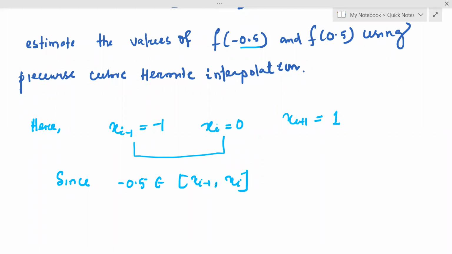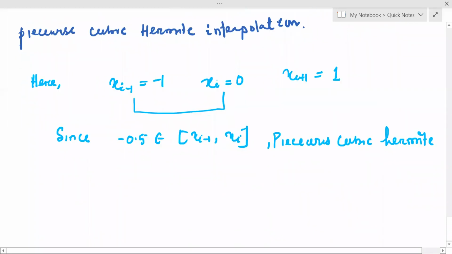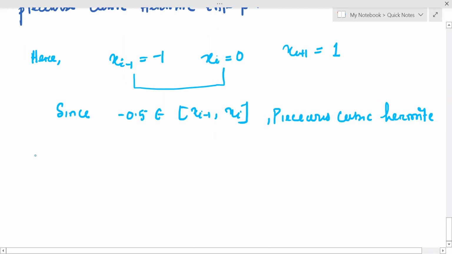Piecewise cubic Hermite interpolation becomes now piecewise cubic Hermite interpolating polynomials.